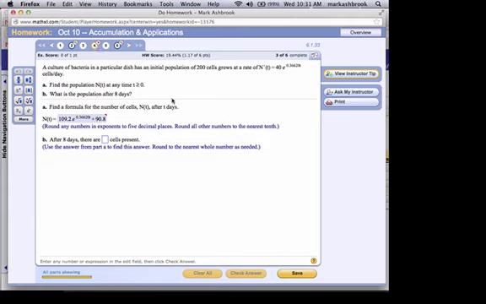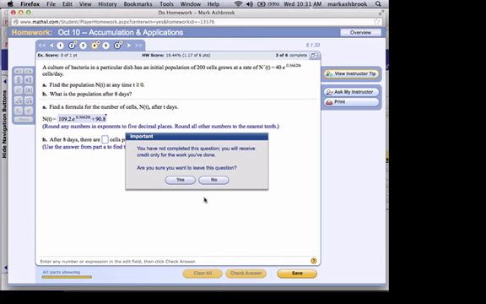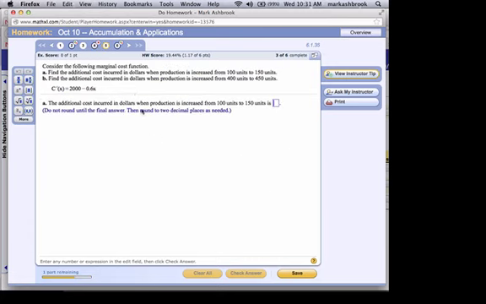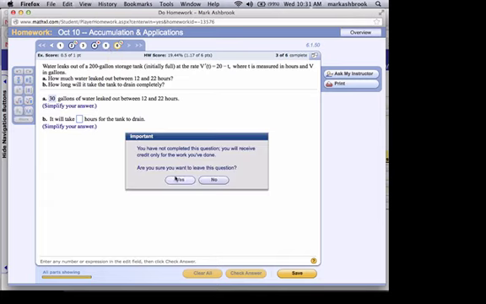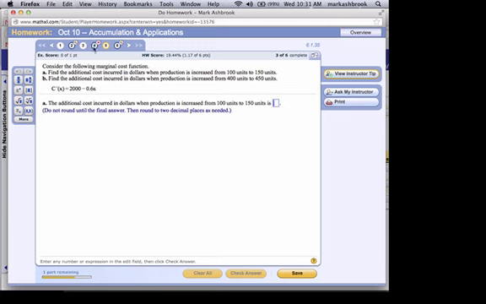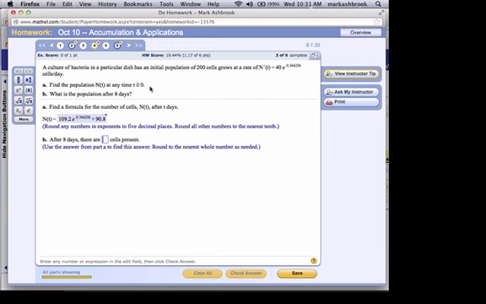Numbers 4, 5, and 6 then were about applications. Given the rate, answer questions about accumulation, given an application rate. Number 6 was the water leaking out of the tank. Number 5 was the cost. And number 4 was number of bacteria.